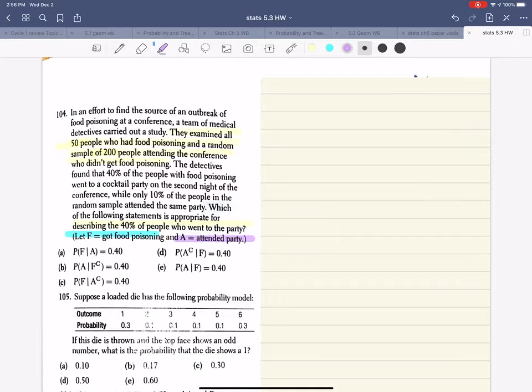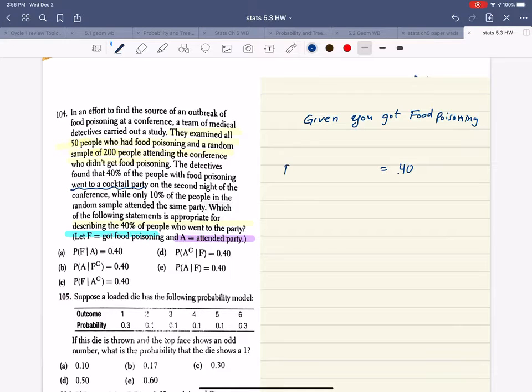So it's saying the detectives found that 40% of the people with food poisoning, 40% of the people that got food poisoning, so given that you had food poisoning, what's the chances that you went to the cocktail party?